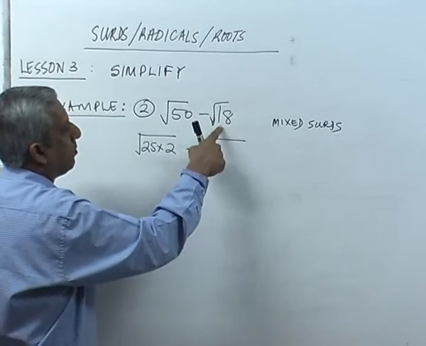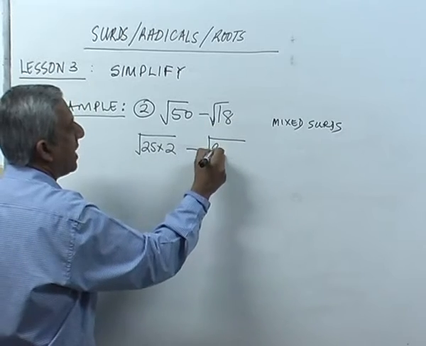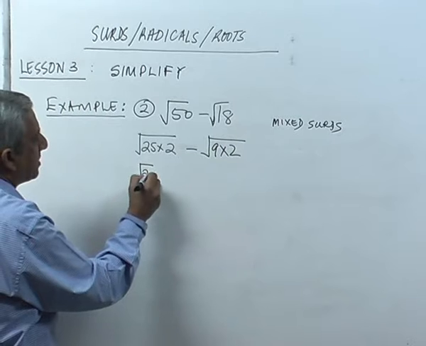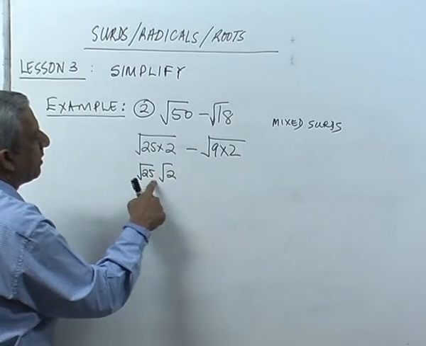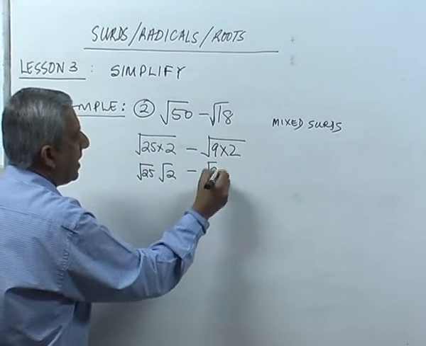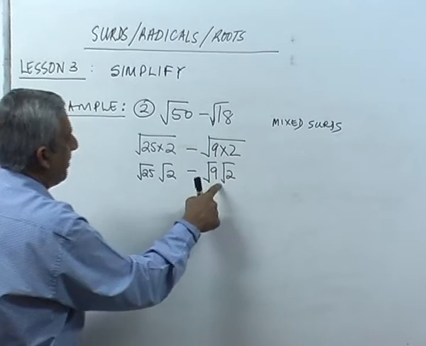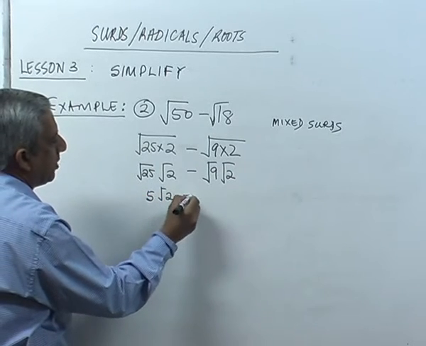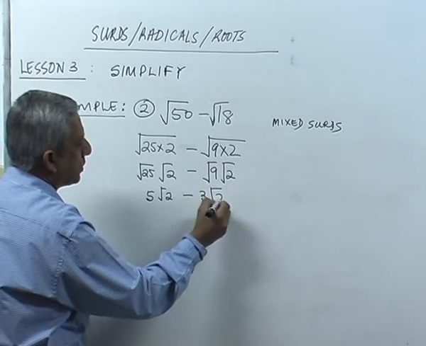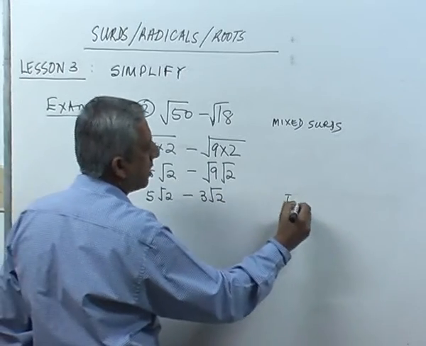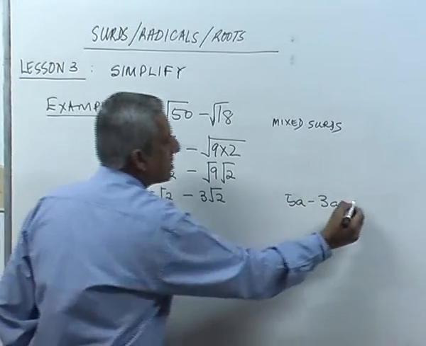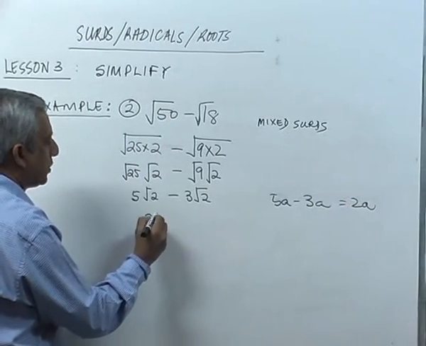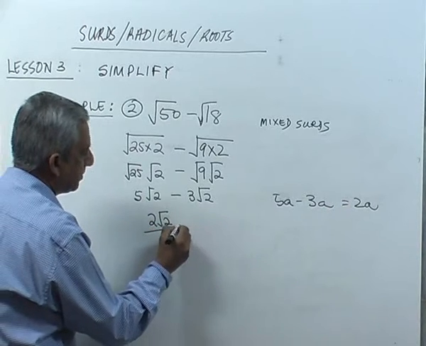Break up the 18 into the biggest possible perfect square, which is 9 times 2. I don't have to put a multiplication sign in between. This becomes square root of 25 is 5 root 2 minus 3 root 2. Now this is like 5a minus 3a. Answer is 2a. Just like that, 5 root 2 minus 3 root 2 gives you 2 root 2.